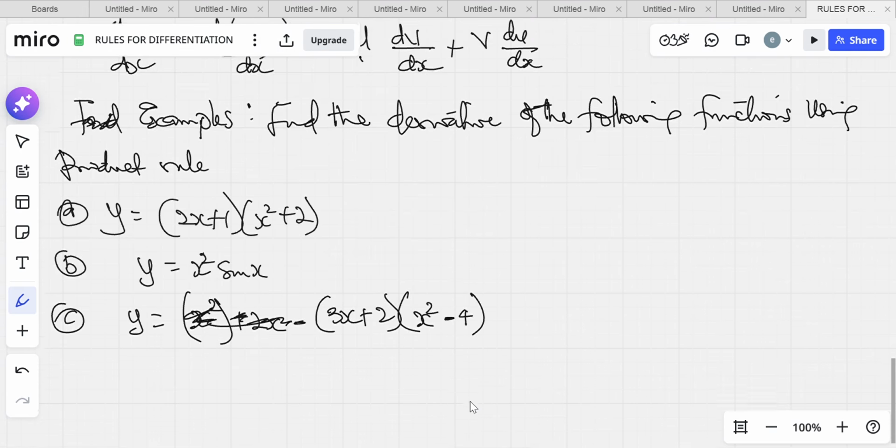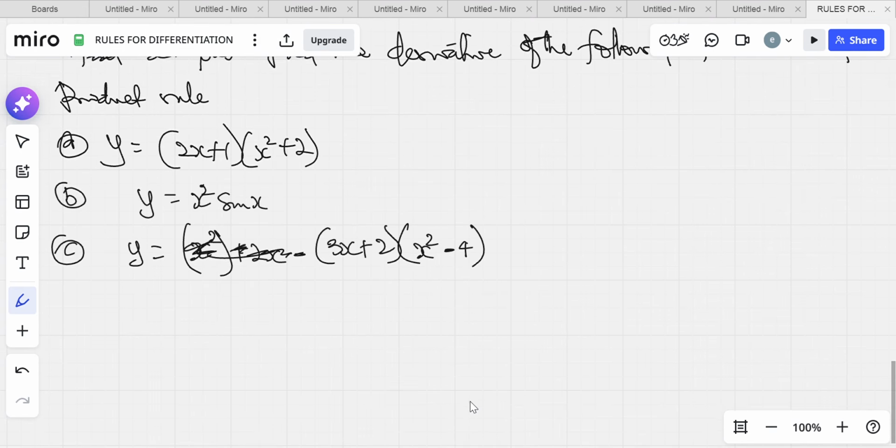So applying the product rule, you can see that this one is u and this one is v.